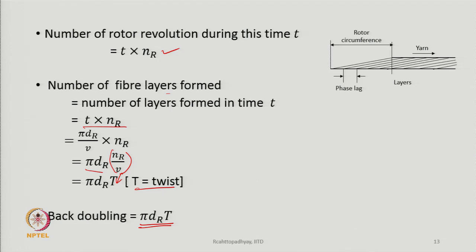Where d, or in this case small dr, is the rotor diameter, T is the twist. So, unit has to be similar. If I write diameter in inches, the twist has to be then turns per inch. If I write diameter in meter, then twist has to be turns per meter. So, the unit has to be same, and multiplication of diameter and twist and pi will give you the back doubling.